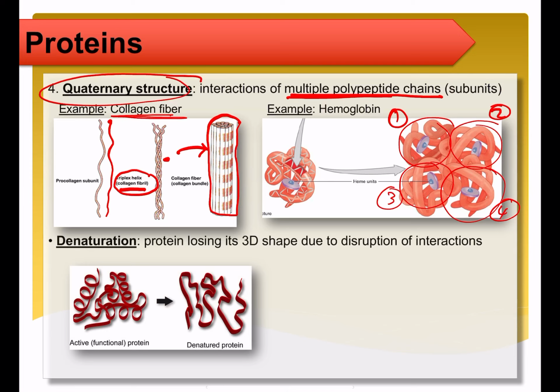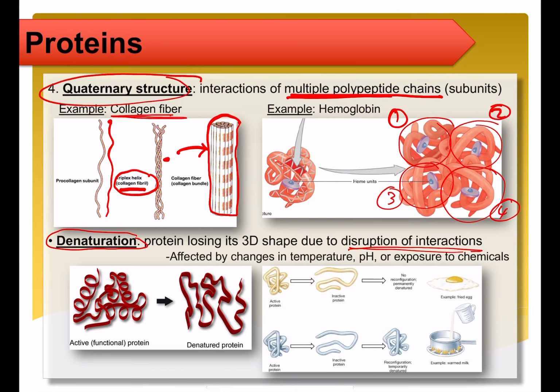Now, the process where the protein loses this 3-dimensional shape due to disruption of those important chemical interactions we talked about is called denaturation, or the protein has denatured, okay? And the environmental factors that can affect a protein's 3-dimensional structure include temperature, pH, exposure to different chemicals, whatever can disrupt those chemical interactions we talked about, disrupt the ionic bonds, disrupt the hydrogen bonds, etc.